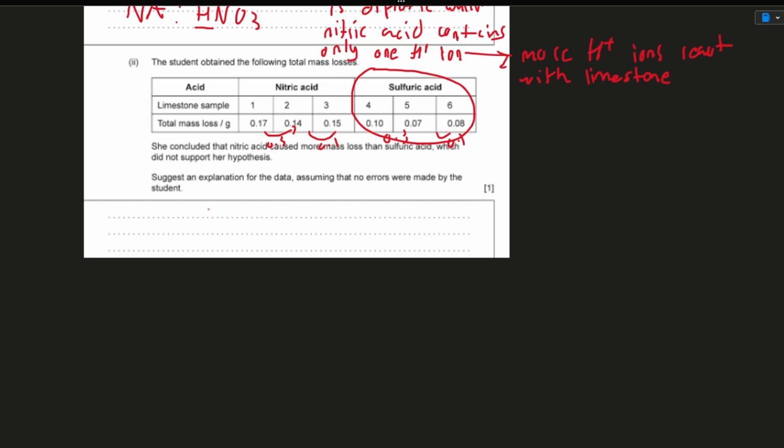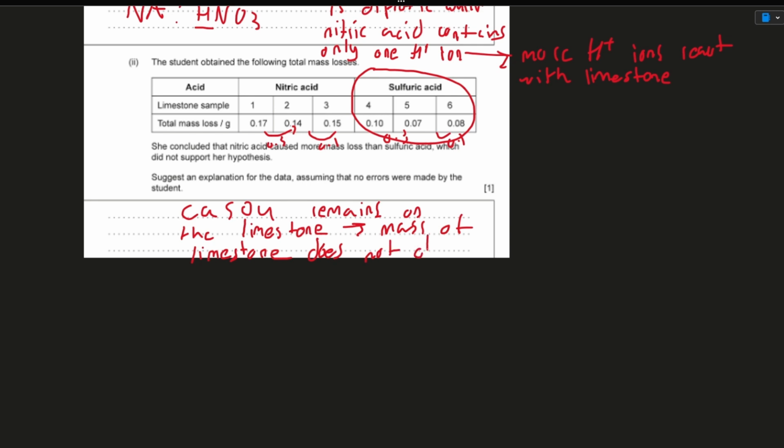So we can just say that calcium sulfate, CaSO4, remains on the limestone, therefore the mass of the limestone does not change accordingly.